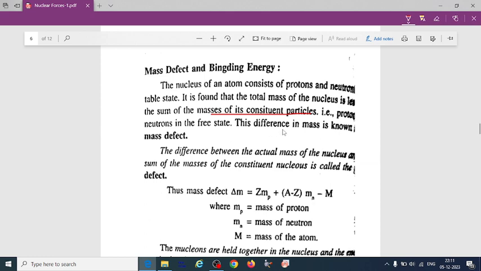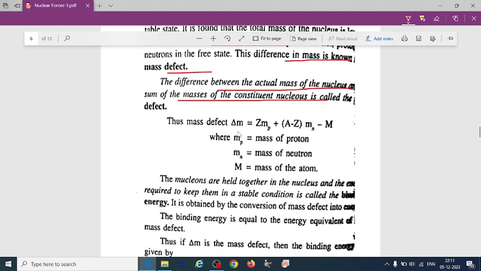There is a difference, and this difference in mass is known as mass defect. So the difference between the actual mass of the nucleus and the sum of the masses of the constituent nucleons is called mass defect. It is given by delta M equals Z M_P plus (A minus Z) M_N minus M, where M is the total or actual mass of the nucleus.